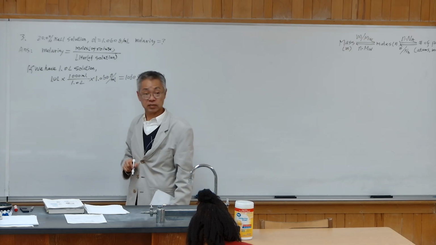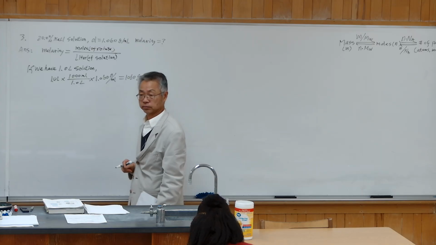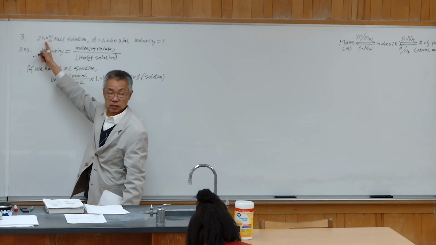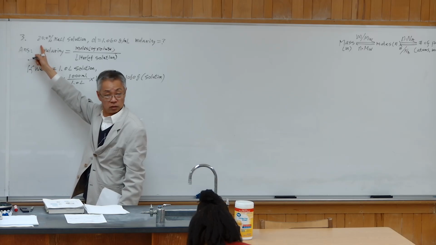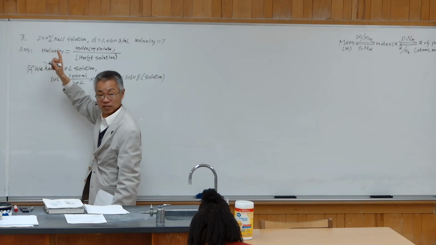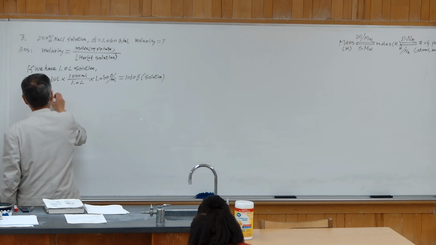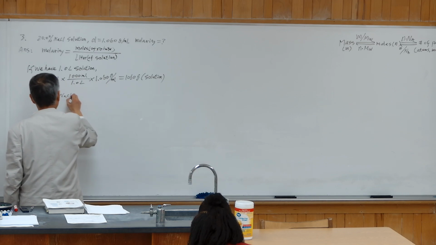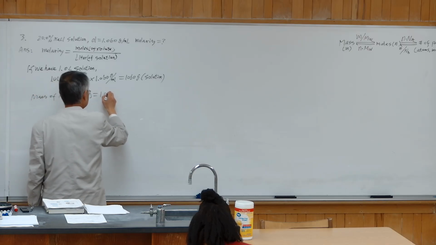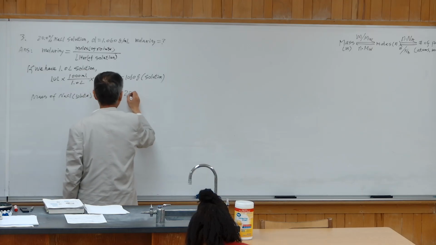Volume times density gives you mass, this is the solution's mass. The solution's mass can be converted to mass of solute, because here it tells you this is 20% of solution. So the mass of solute is mass of solution times 20%.